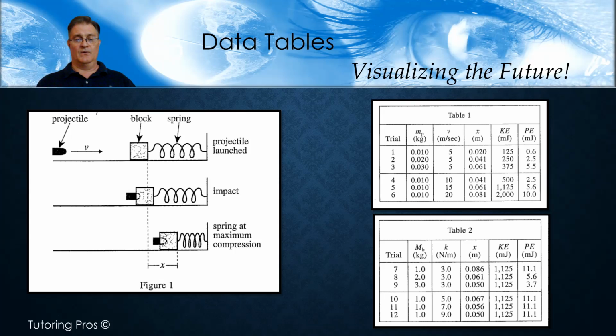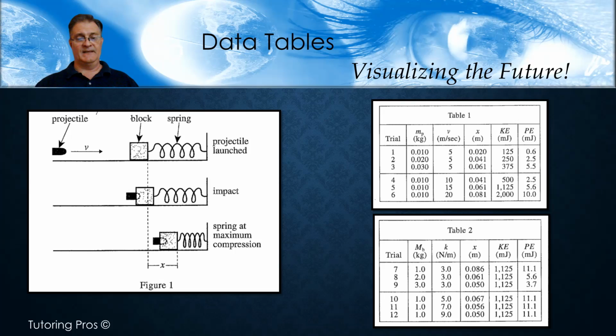It, from trial 1 to trial 3, goes to 0.02, 0.04, 0.06. So as we increase the mass of the projectile, the distance in which the block and spring system compress increases, which makes sense. Now notice your kinetic energies. Those kinetic energies have also increased because the mass of the projectile has increased.